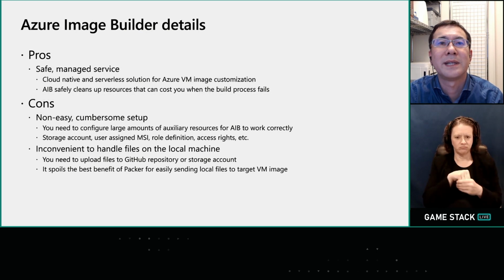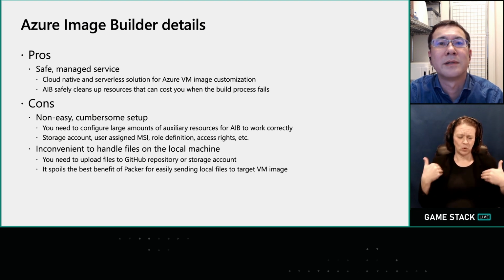Let's see some details of AIB. The good thing would be that it's a managed service. You can avoid various troubles and accidents that could happen, including cleaning up failure and resource leaks. The bad thing would be, for now, it's very cumbersome.